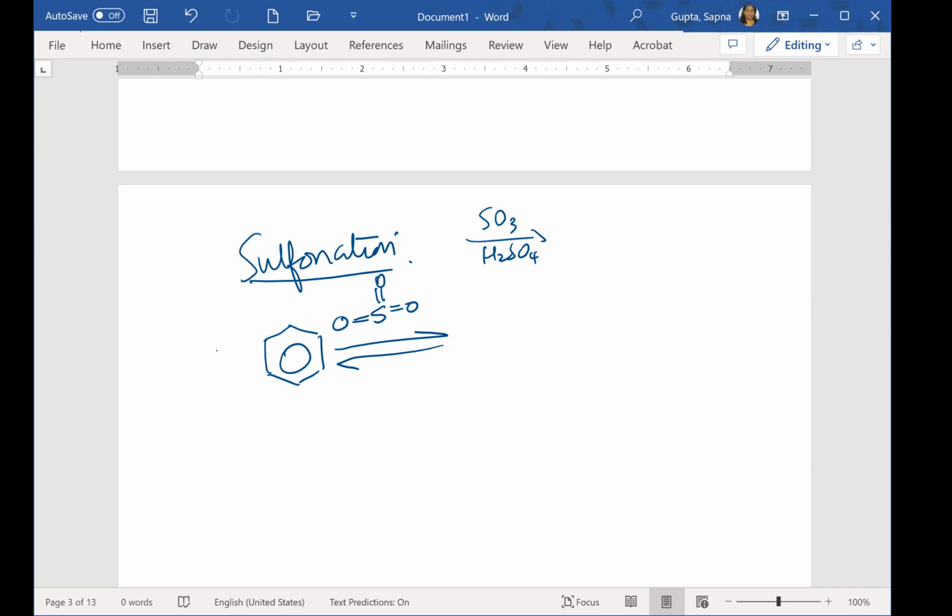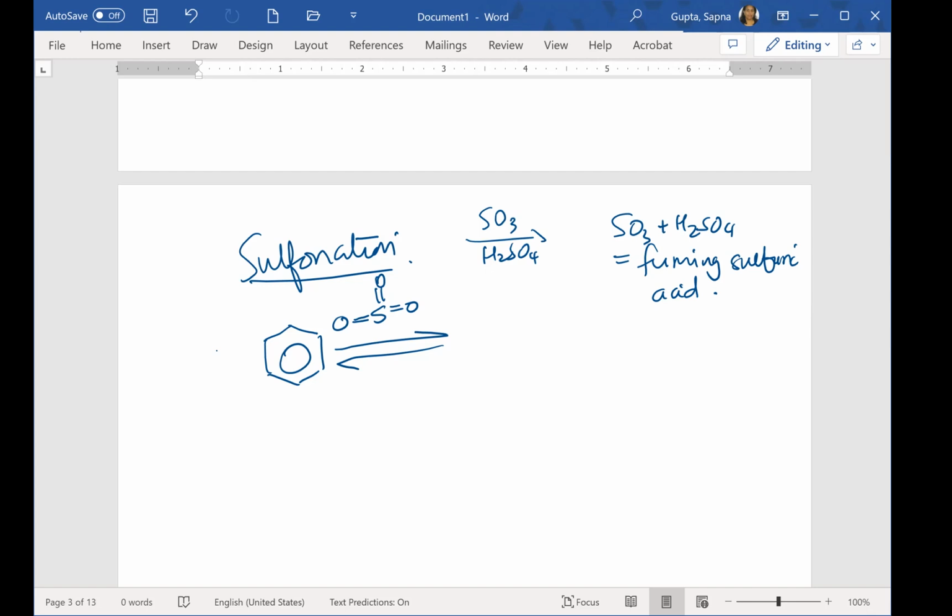What you end up getting is sulfur trioxide mixed with sulfuric acid, and this is called fuming sulfuric acid. The fuming sulfuric acid has an excess of sulfur trioxide in it. Usually sulfuric acid would be like 17 molar concentration, but fuming sulfuric acid is like 22 molar. So it's got a lot of sulfur trioxide in it, and literally when you open the bottle up, it will start fuming.